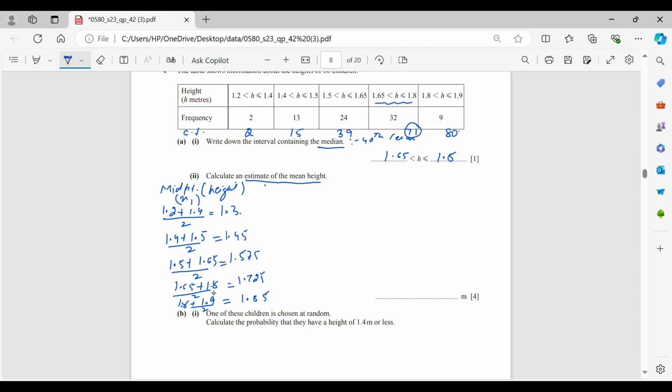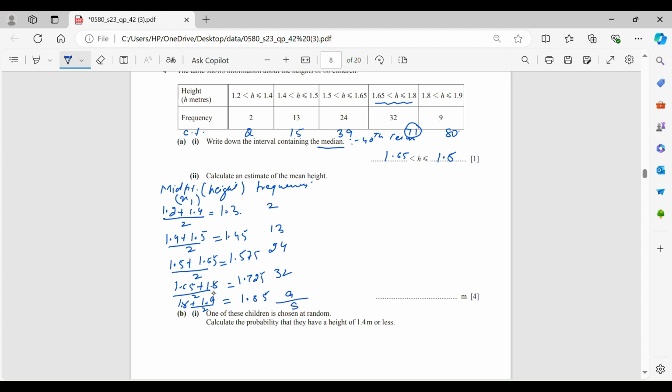Now the frequency is also given. For the frequency, first will be 2, then 13, then 24, then 32, then 9, right?